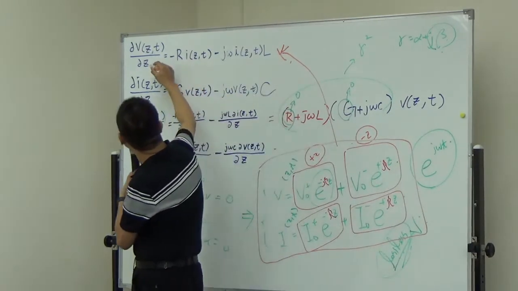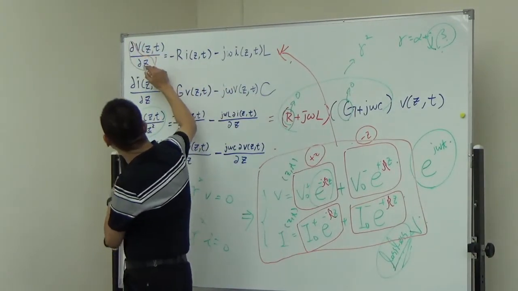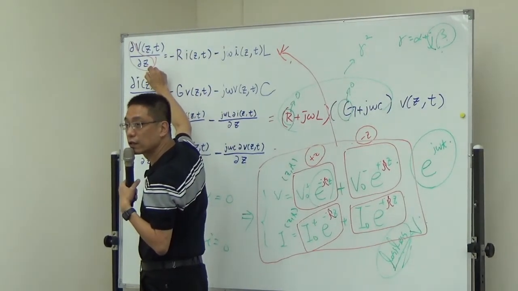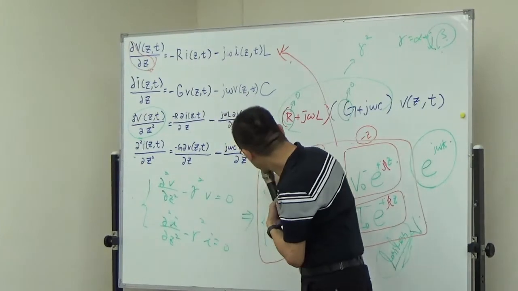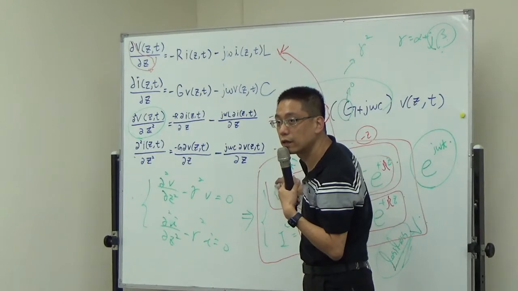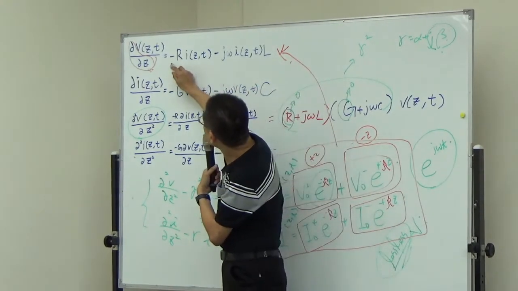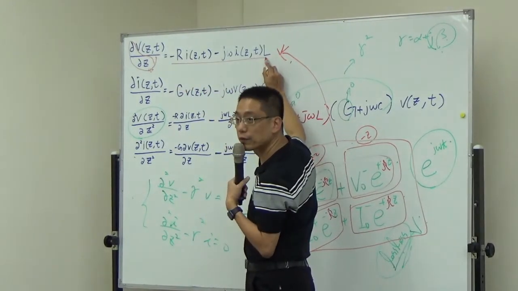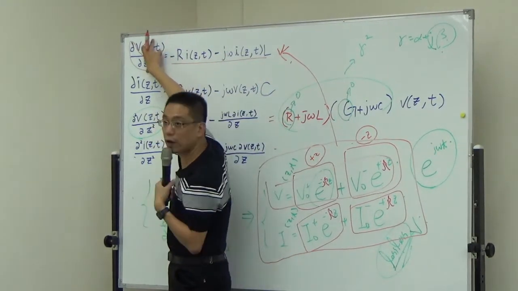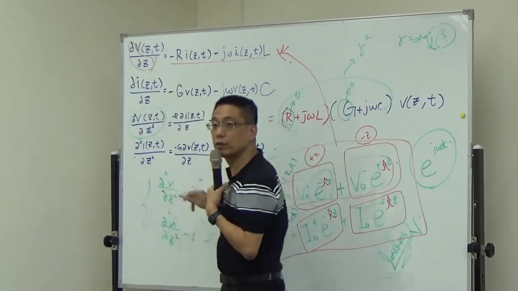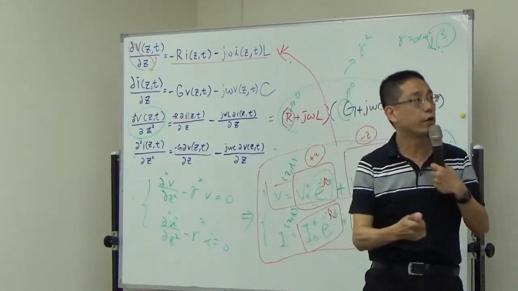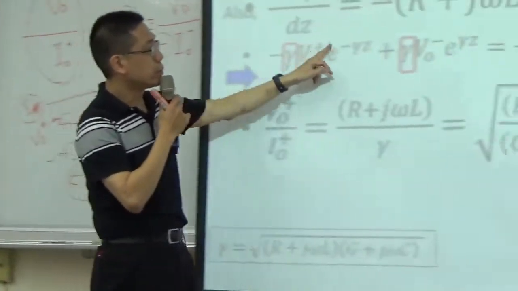You take the partial derivative with respect to z of your result equation, and you keep this the same. You don't change anything for this part, but you change this part because you already know what V is. Then you can obtain this part.